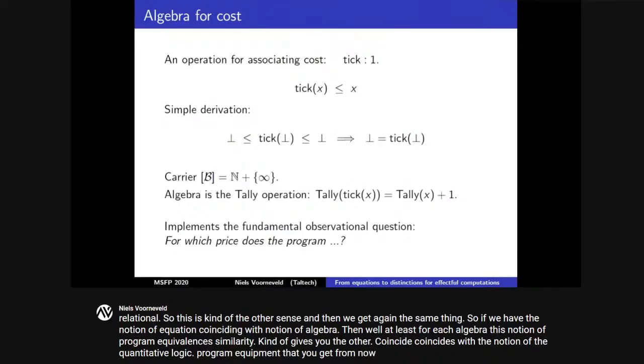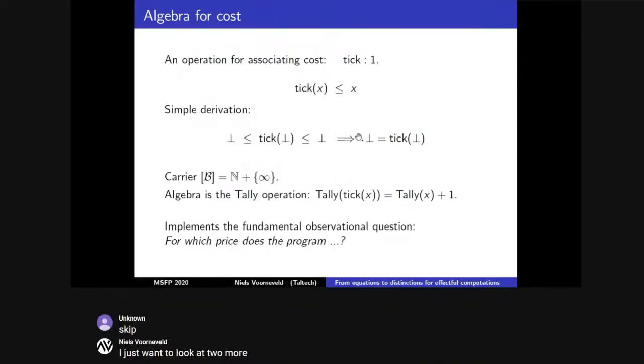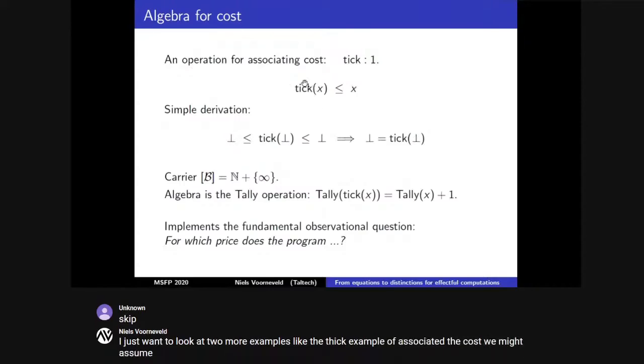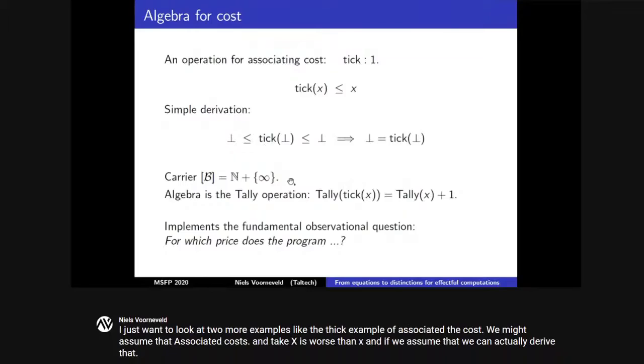Now, that's kind of a quick summary of that. I just want to look at two more examples. Like the tick example, if we associate the cost, we might assume that associating cost tick x is worse than x. And if we assume that, we can actually derive the following things.